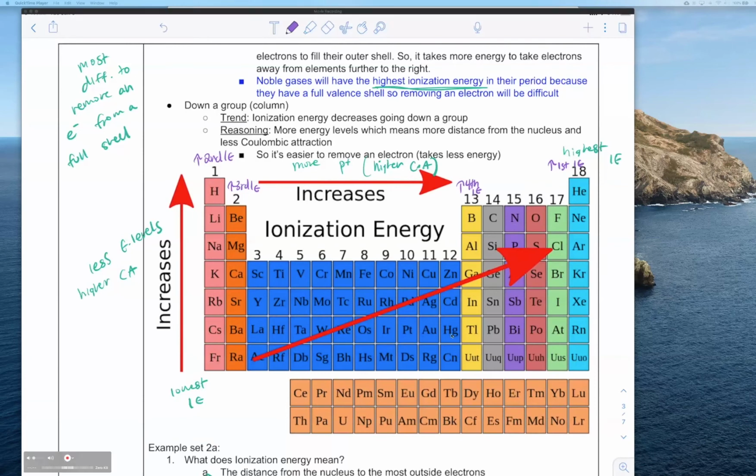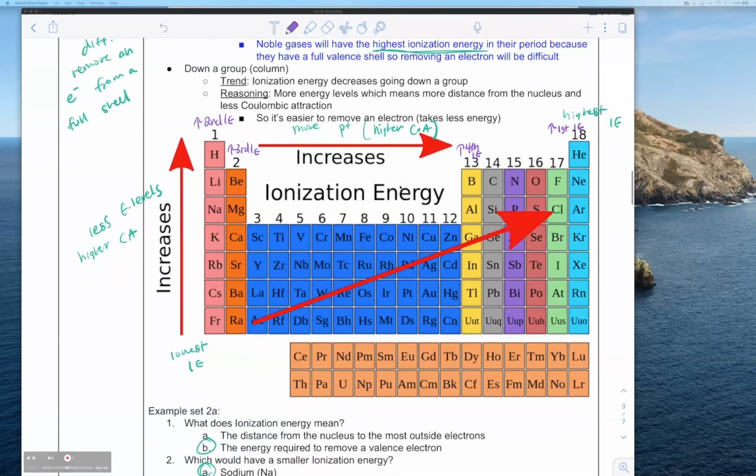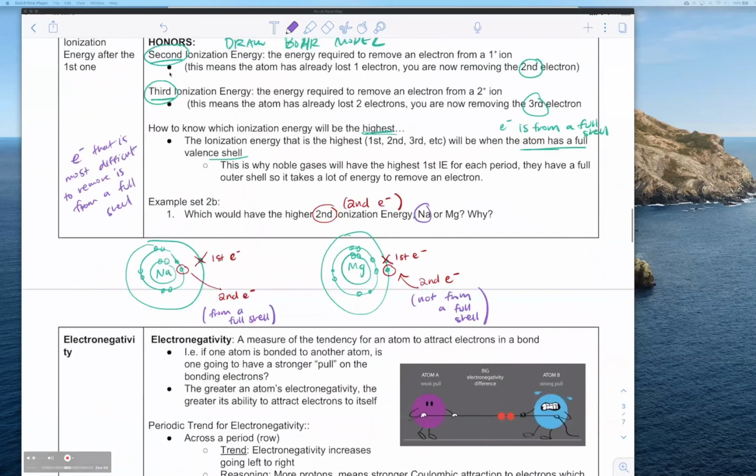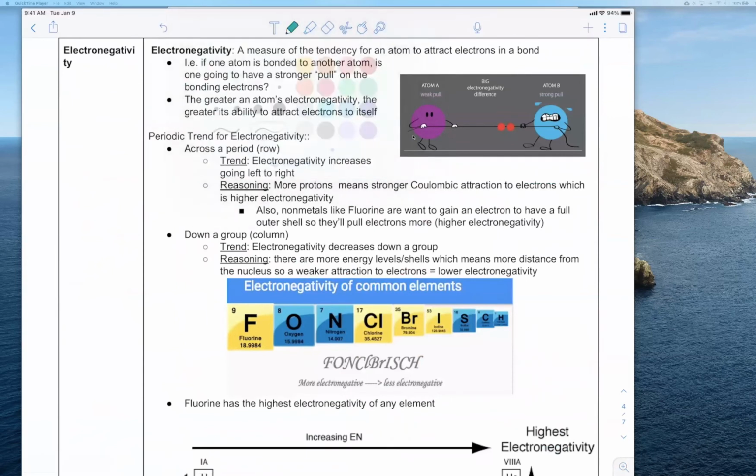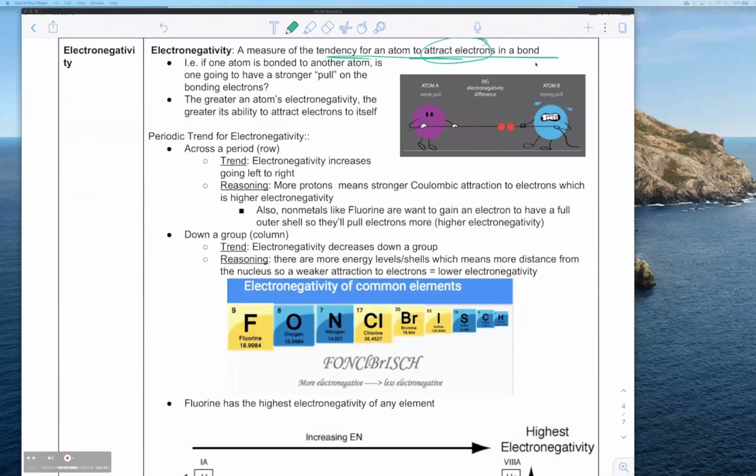Okay, so let's move on to our last atomic trends or periodic trends. So we went over ionization energy. Now the last one is electronegativity. So electronegativity is the tendency for an atom to attract electrons in a bond. Now, what's a bond? That's something that we haven't actually talked about before, but a bond is just when atoms are connected to each other.